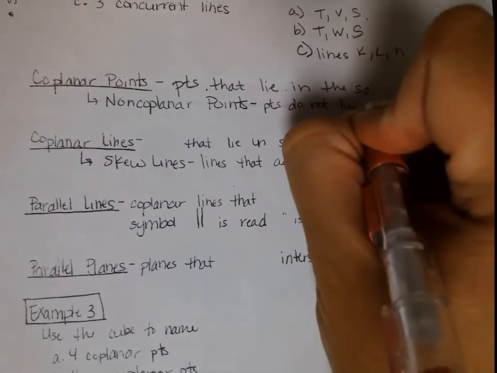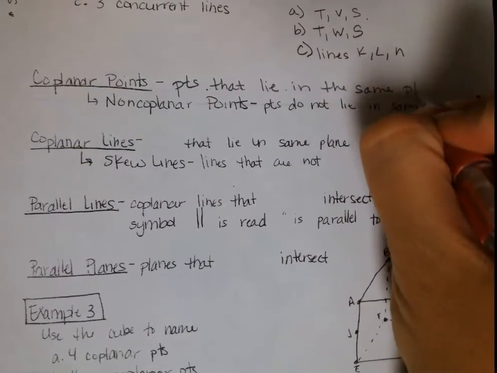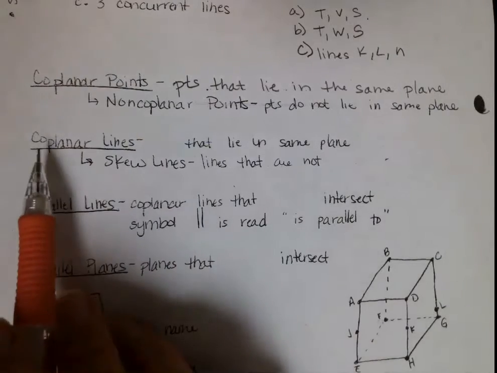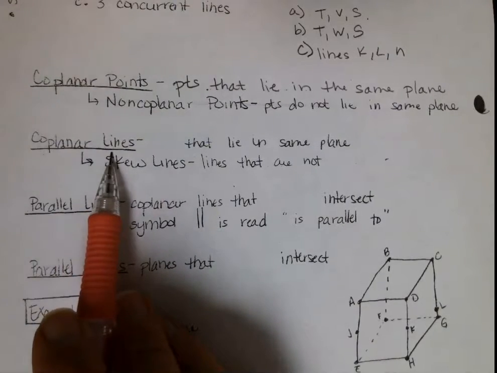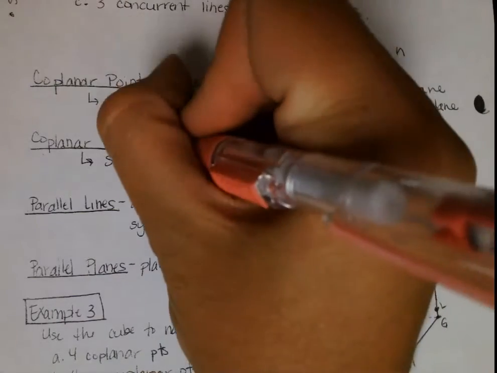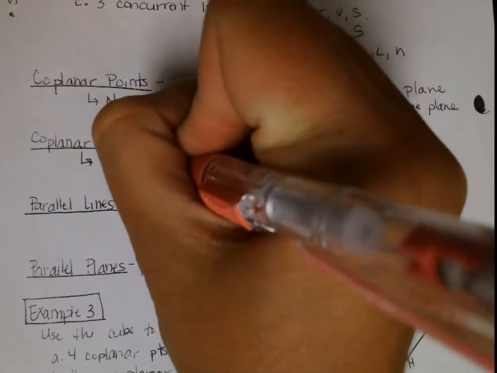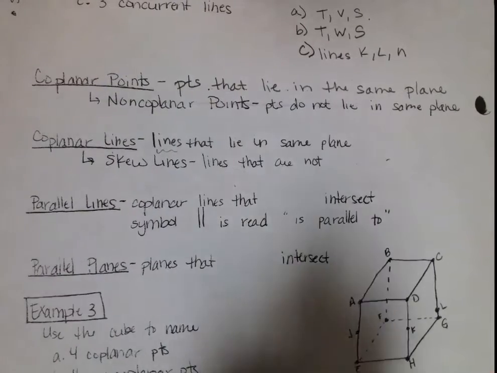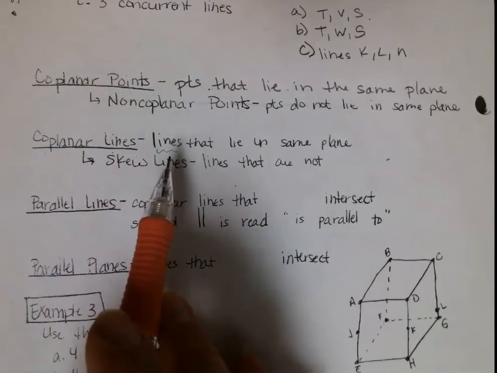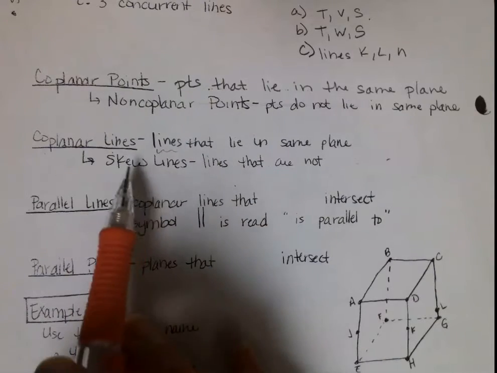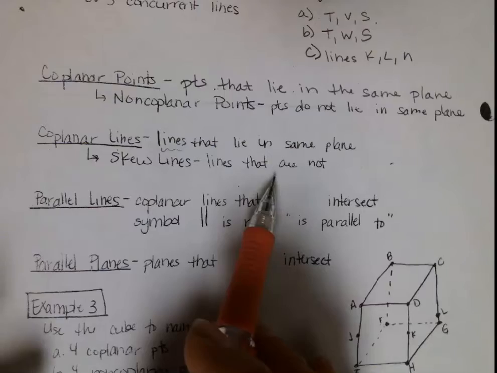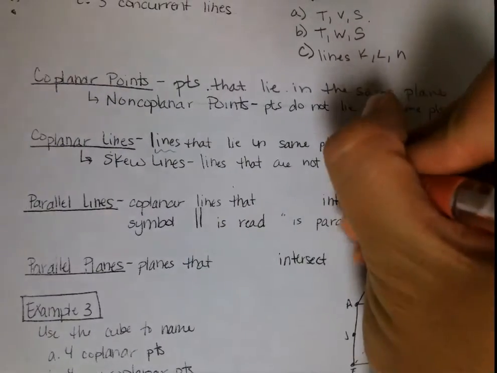All right, we have coplanar lines. These are lines that lie in the same plane. So coplanar points are points that lie in the same plane, and coplanar lines are lines that lie in the same plane. Skew lines, lines that are not coplanar.